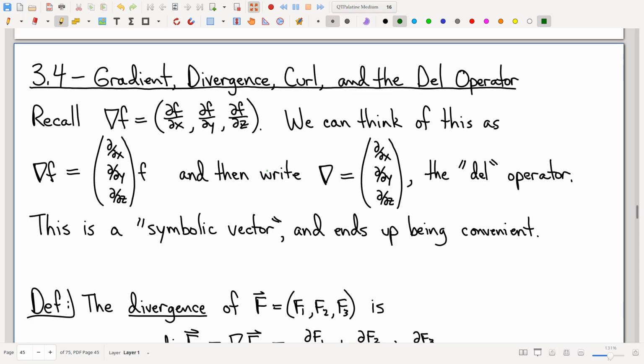Okay, so that said, y'all remember gradient. The idea is to kind of separate gradient as this operator, this upside down triangle that we're going to call the del operator, from the function to which we're going to apply the del operator.